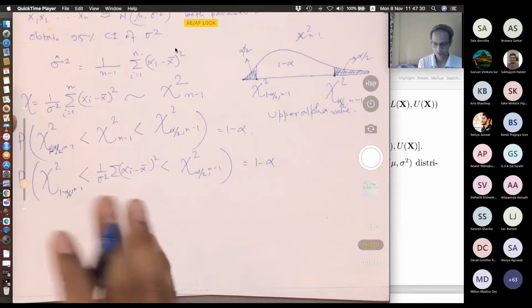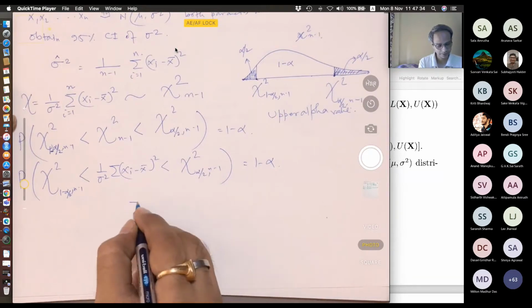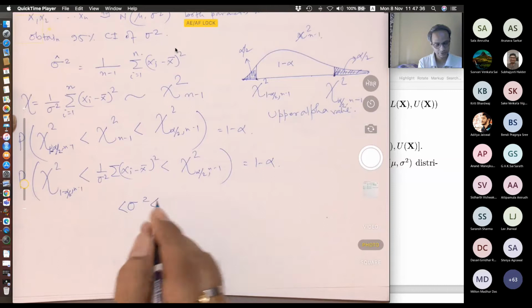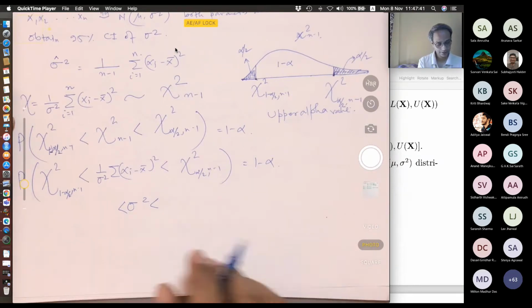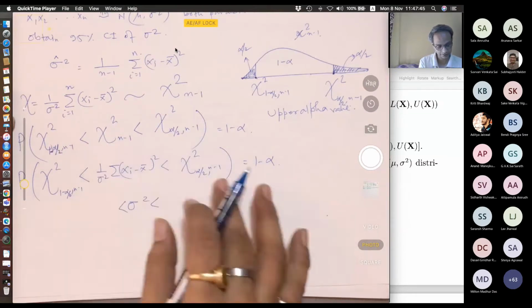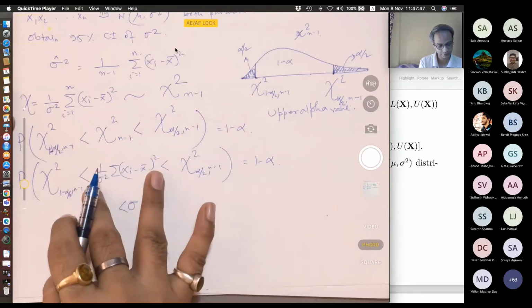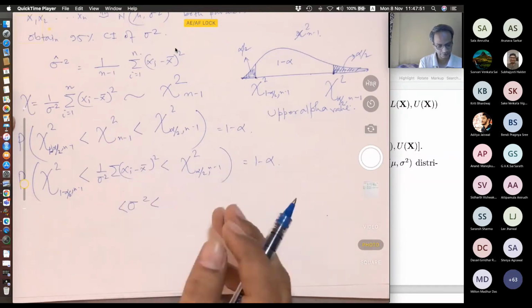Now again we have to do a side change in such a way that sigma square will be in the middle and the rest of the things will go to the other side. If you take the reciprocal, the direction of the inequality will change, and then you need to do the side change.